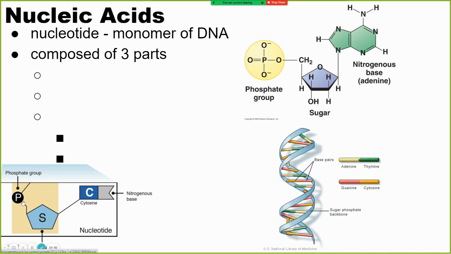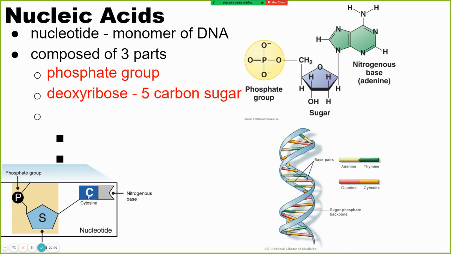It has this phosphate, which we usually draw as like a little circle. It's got a sugar, which we draw like a little pentagon, like a little house. And then it's got a base. And there's 4 possible bases that can be in a DNA molecule. So we got a phosphate, we got a sugar, and we have a base.